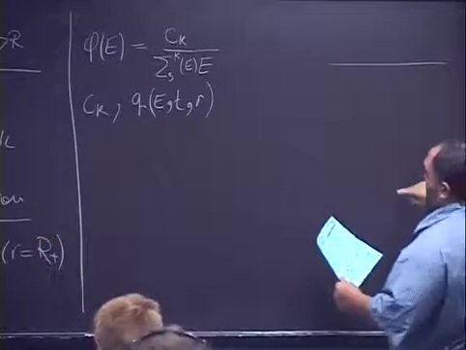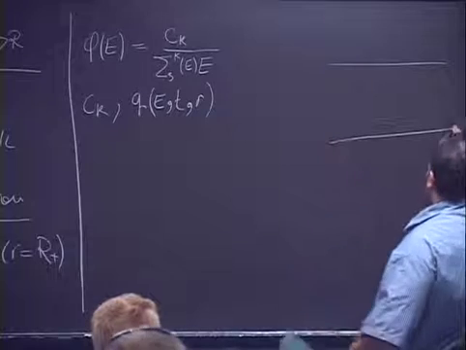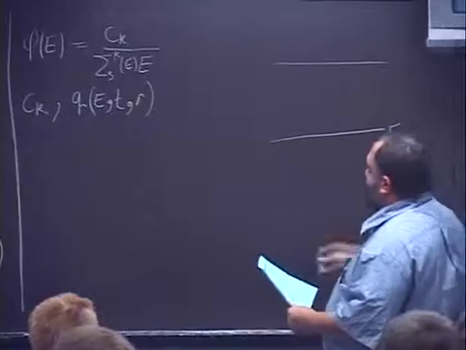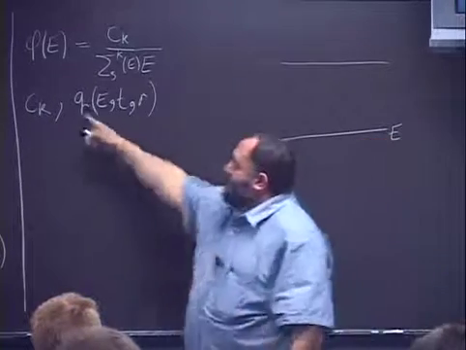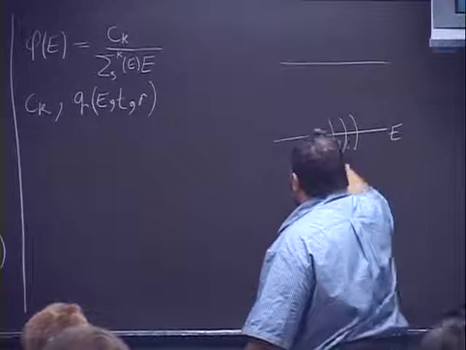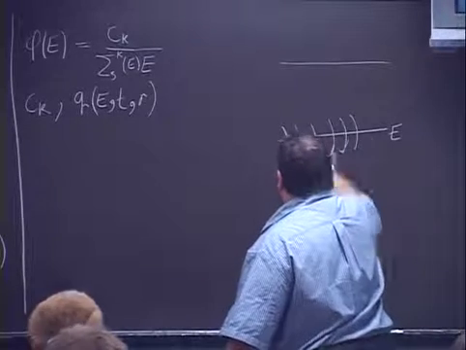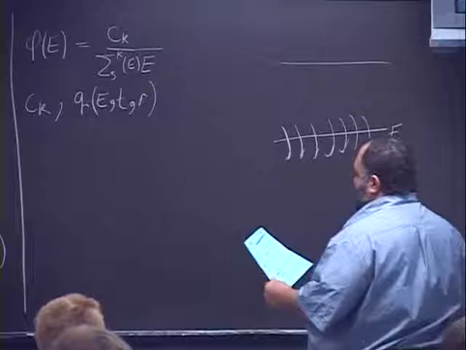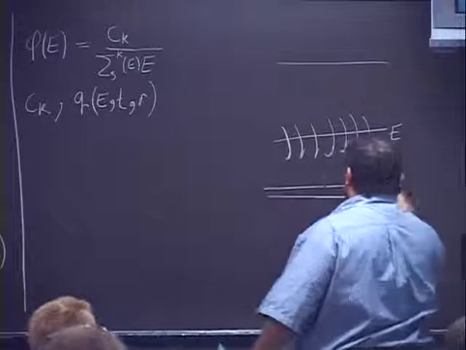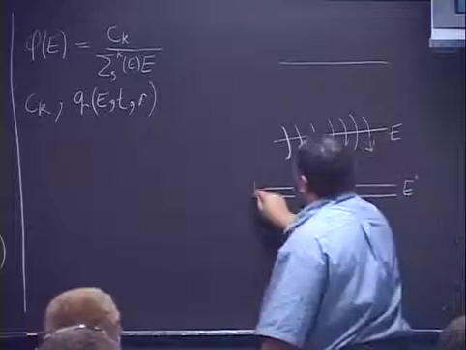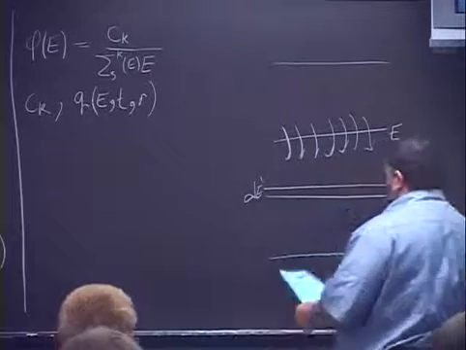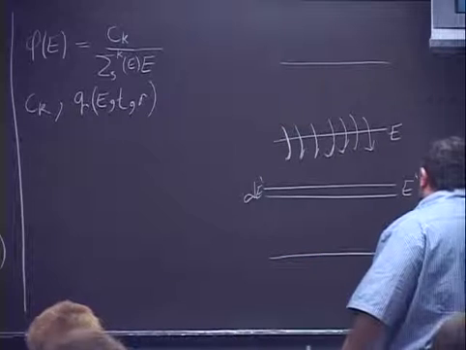Here is the energy E of interest that I want to calculate the Q beneath, meaning how many neutrons are slowing down beneath this energy E. So when they slow down to energy E prime within delta E prime, this is alpha E prime.